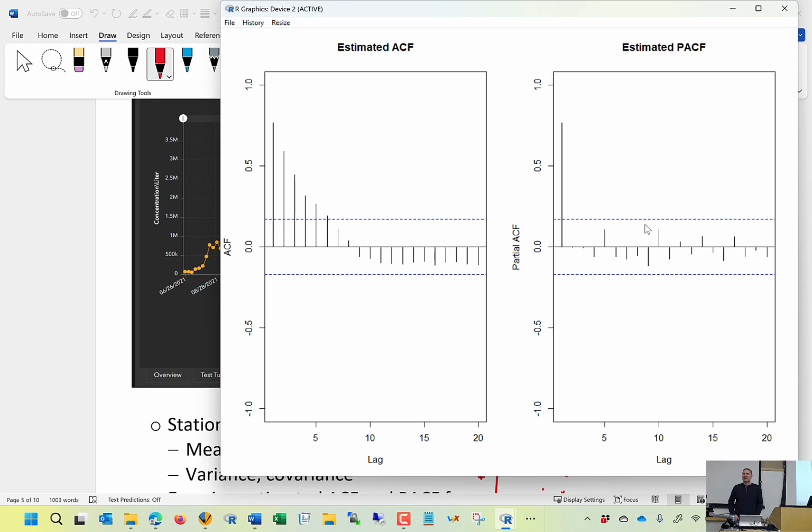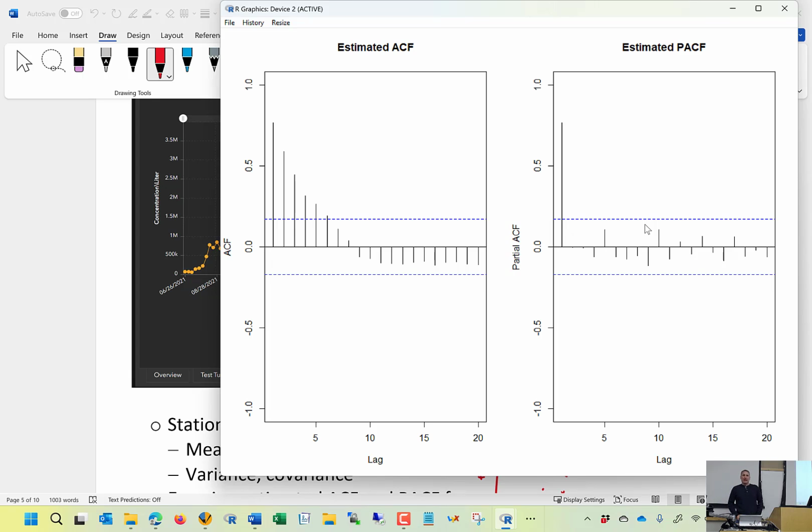Yeah, cutting off to 0 after lag 1. And then the estimated ACF, what's it doing? Yeah, thank you. Tailing off to 0. So what this is telling us is that perhaps an autoregressive 1 model, or in other words, an ARIMA(1,0,0) model, will be appropriate.